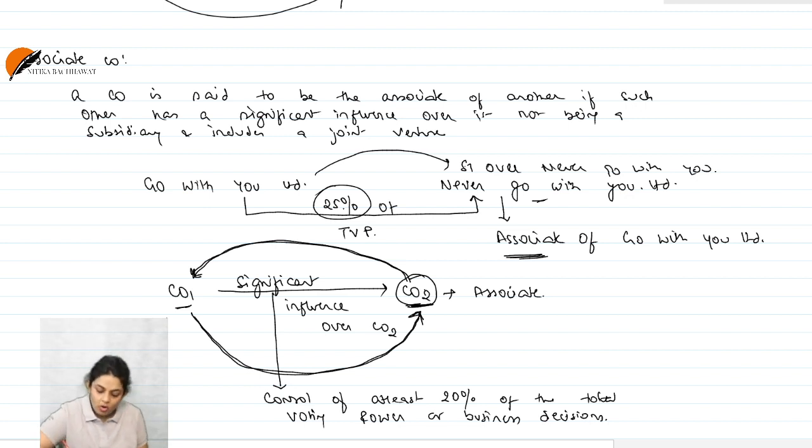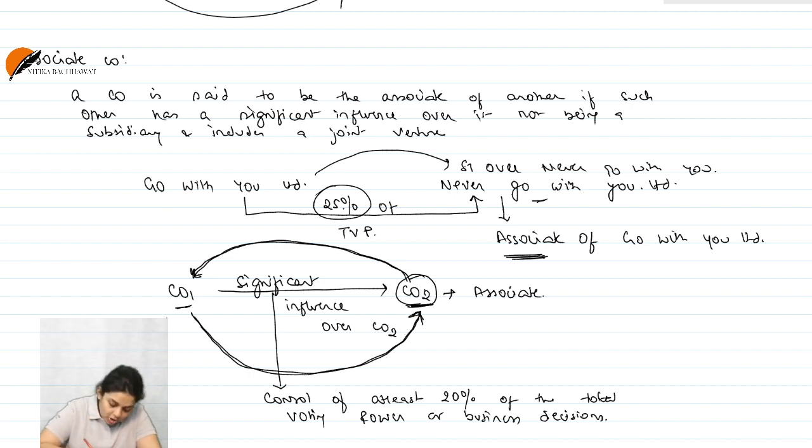If I have a significant influence over you, that is, I am holding at least 20% of the total voting power or the business decisions in your company. Here, Go With You Limited holds 25% of total voting power of Never Go With You Limited, so it has a significant influence. So Never Go With You Limited is associate.